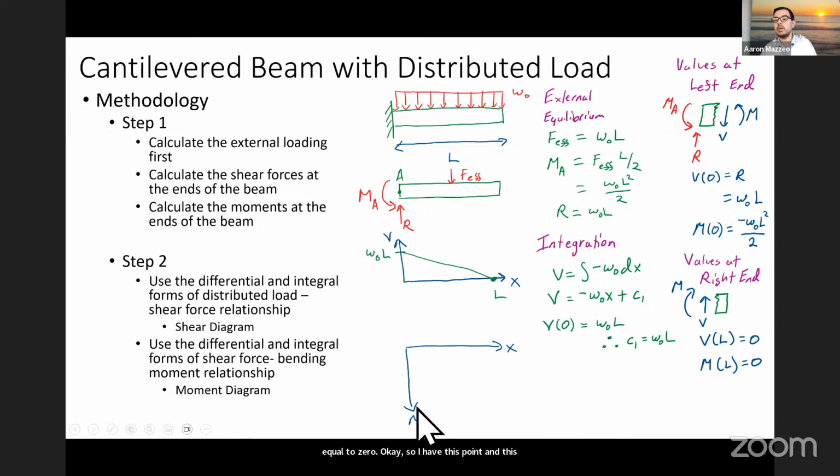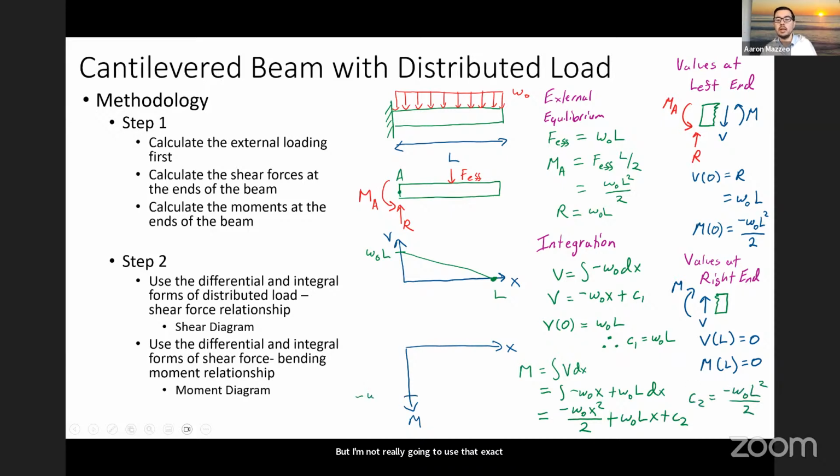So that will give me a quadratic expression, and I would go like this and connect them. But doing the math out, as you see here, we can get an exact expression, but I'm not really going to use that exact expression. I'm just going to say, I know where it starts on this side, and I know it has to get to 0 at x equals L.